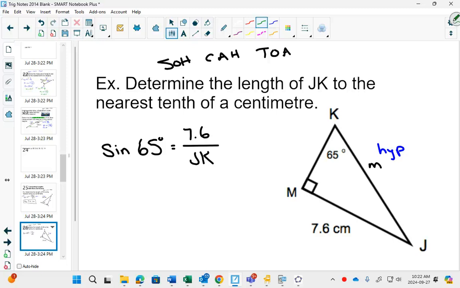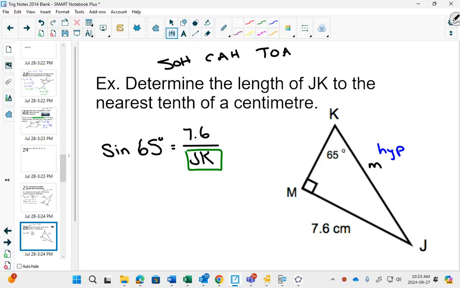And now I want to get this by itself. Now, it's on the bottom of your fraction. So even if I get rid of the 7.6, it's still stuck on the bottom of your fraction. When you want to solve for something and it's on the bottom of your fraction, you have to move it away from the bottom of the fraction.